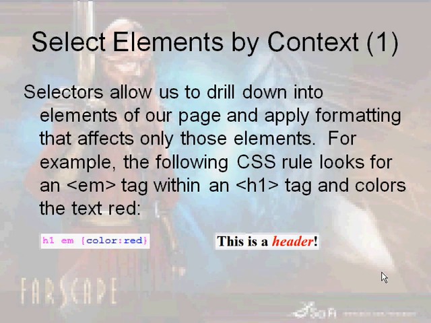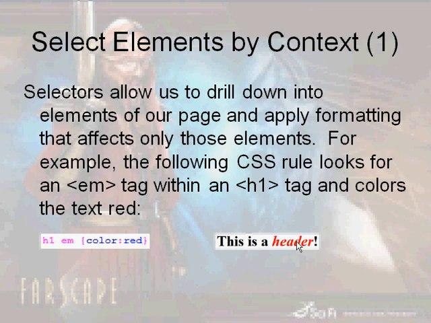Selectors allow us to drill down into elements of our page and apply formatting that affects only those elements. For example, the following CSS rule looks for an emphasis tag within an H1 tag, and it colors the text red. Looking at the example at the bottom, on the right, this is a header.